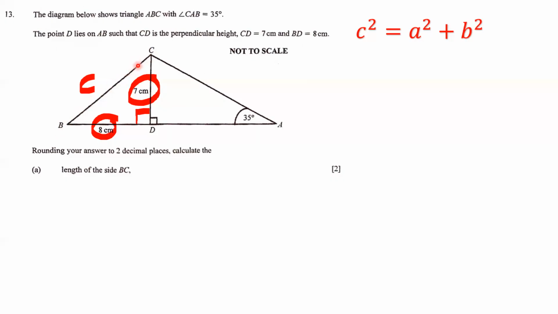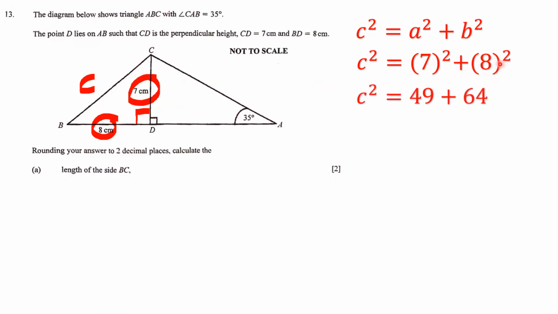That's the length of this side. Now, let's substitute. What is A? A is going to be 7, so we have 7 squared. What is B? B is going to be 8, so we have 8 squared. And so 7 squared is going to be equal to 49, and 8 squared is going to be equal to what? 64. When we add them together, 49 plus 64 is going to be equal to 113.